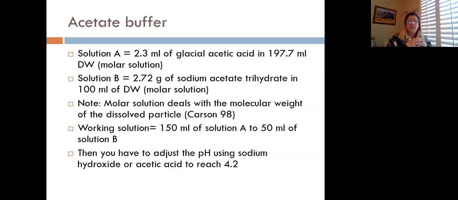Then we take those two, solution A and solution B, and mix them together to make our working solution. Our working solution is 150 mils of solution A to 50 mils of solution B. Then you adjust to that 4.2 pH.